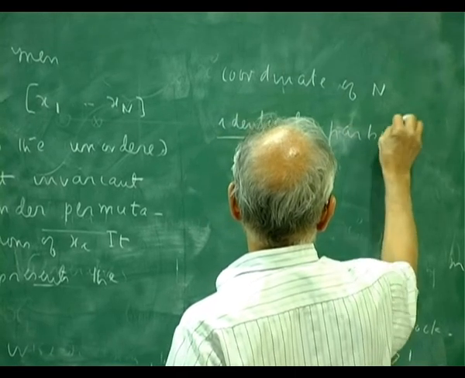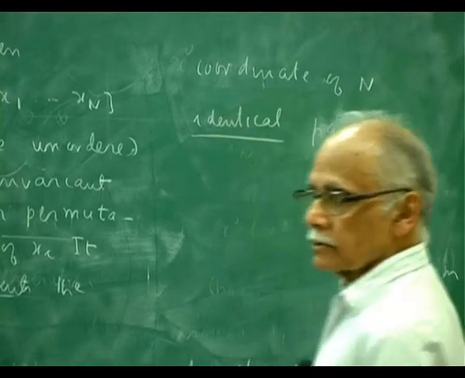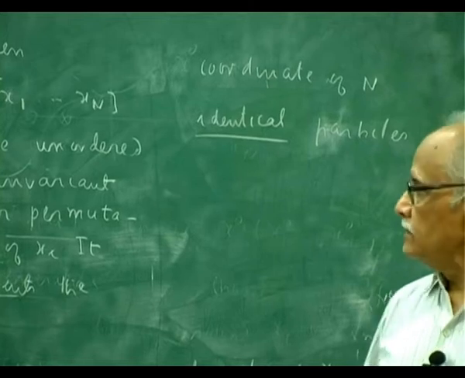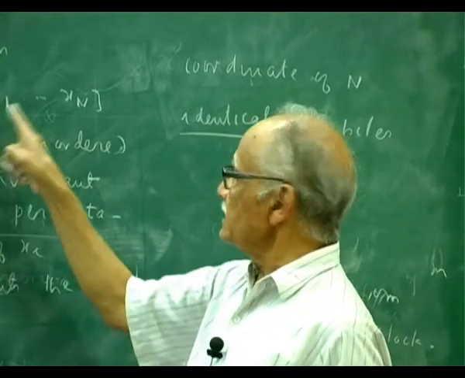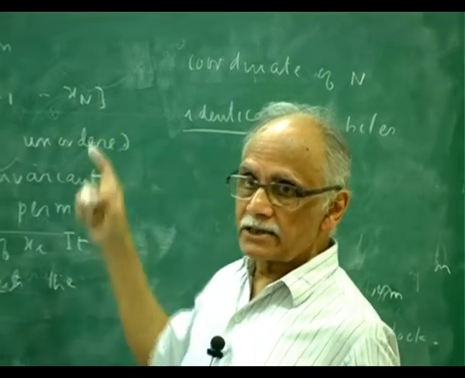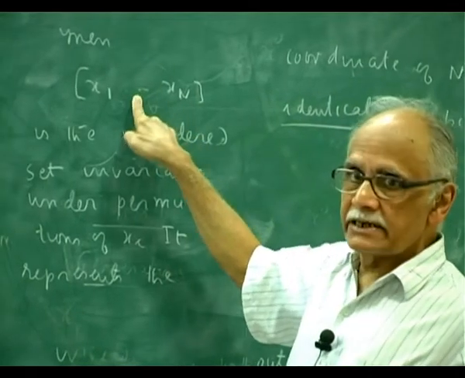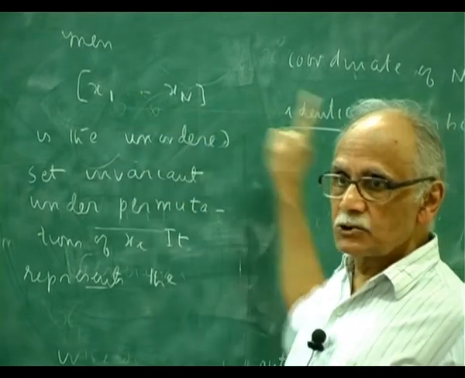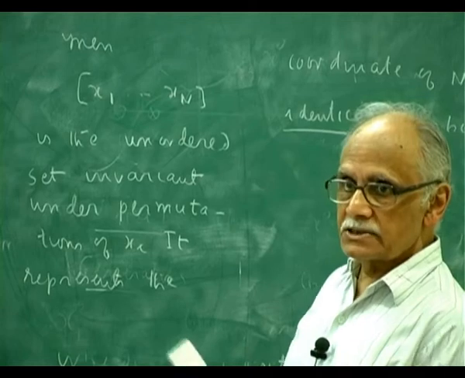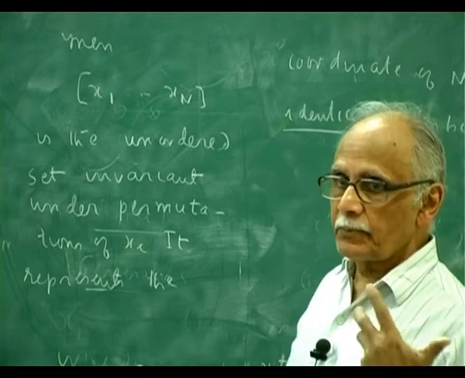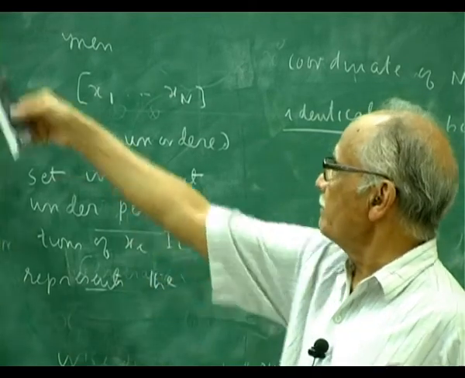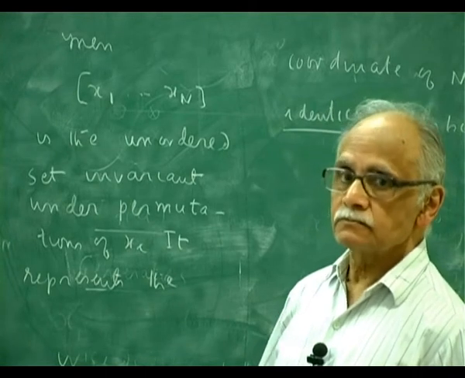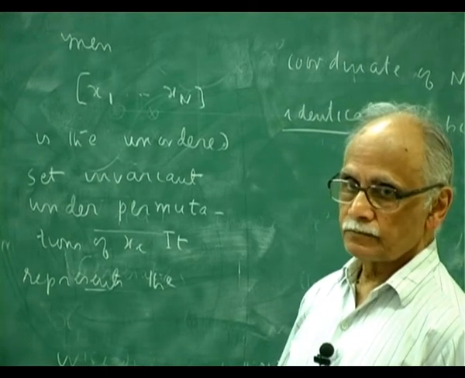The fact that it is identical is in the statement that I cannot say particle 1 is at the position x2 and particle 2 is at position x1. Okay. So it is unordered, it is n points from Rm of cardinality n.